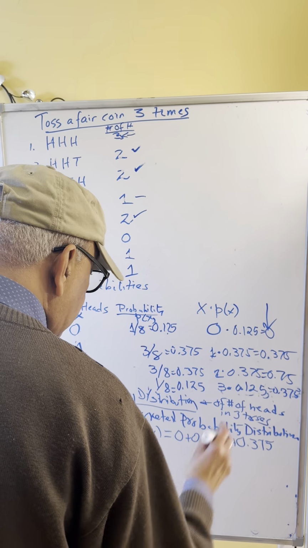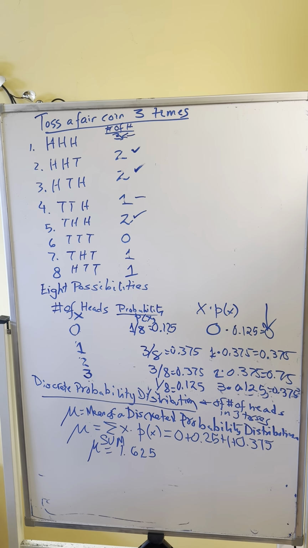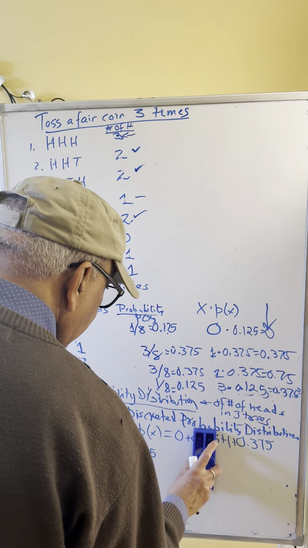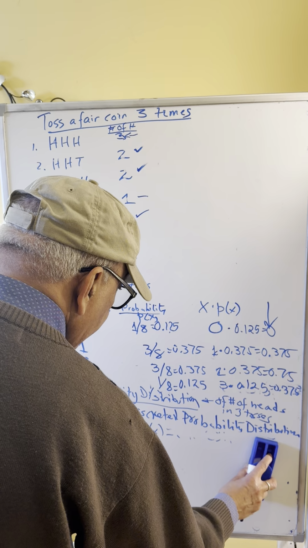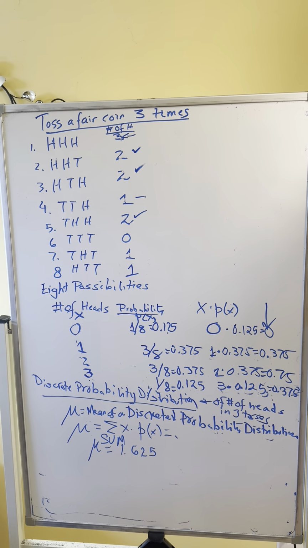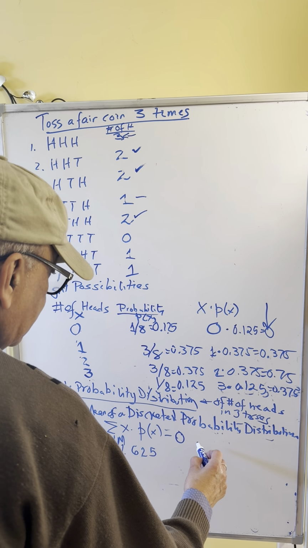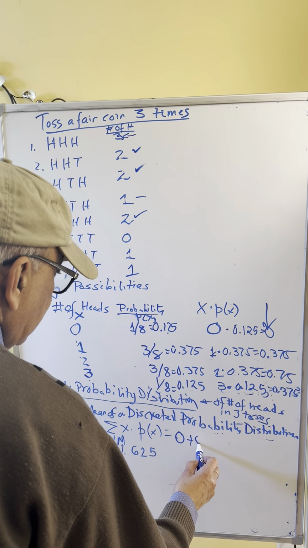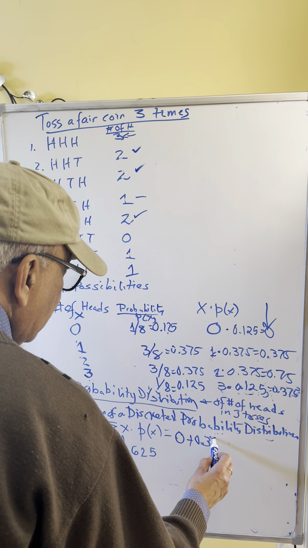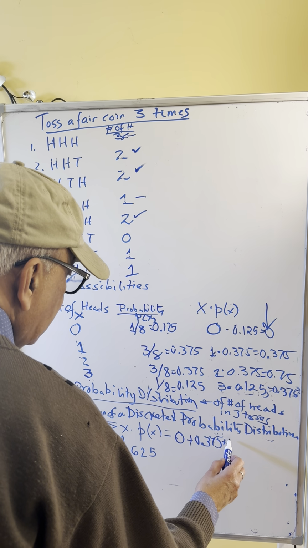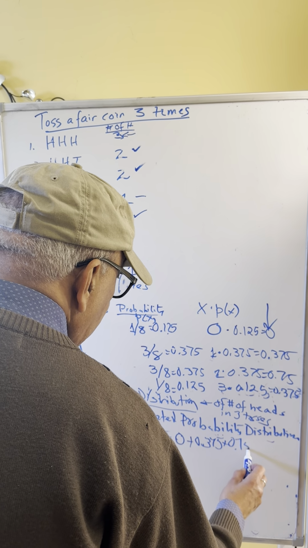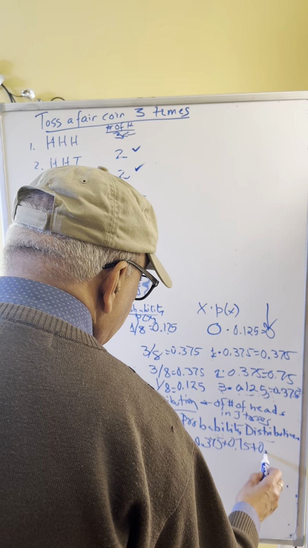This column I'm going to add. So it is 0 plus 0 plus 0.375 plus 0.75 plus 0.375.